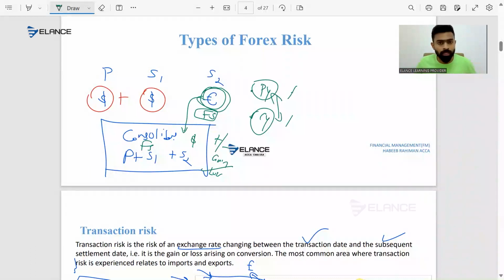They require Indian rupee. Similarly, Chinese companies are also selling goods to Sri Lanka. So few customers are buying from an Indian company, few customers are buying from a Chinese company.